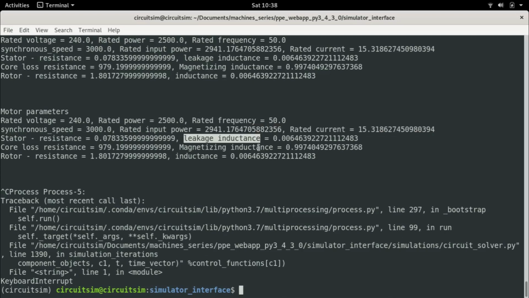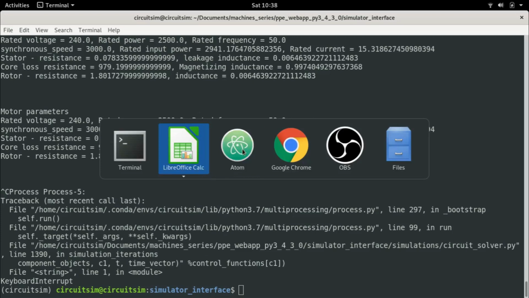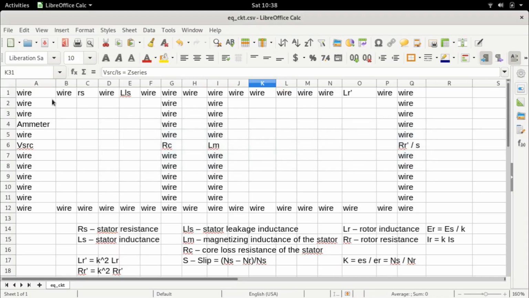So the reason is that this magnetizing inductance is responsible for producing the magnetic field in the air gap of the motor. So if you apply a rated voltage to this stator, the current drawn by this branch, which is the magnetizing inductance, is the magnetizing current, and this current is responsible for building the flux in the air gap.